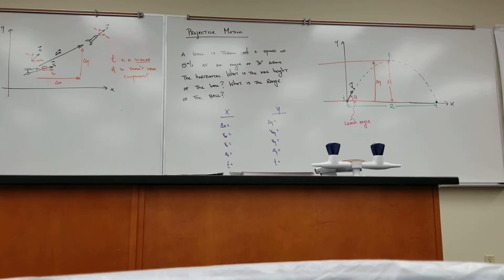Do you guys remember the rule that must always be true to use these equations? Acceleration must be constant. In order to use the kinematic equations, for kinematics, acceleration must be constant.